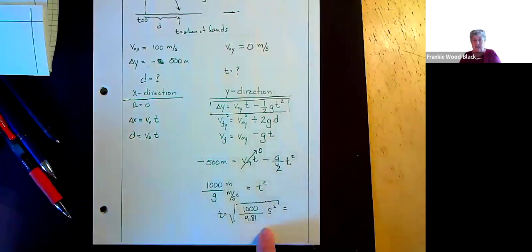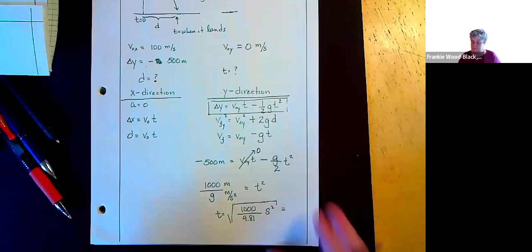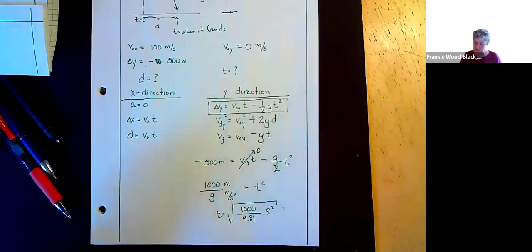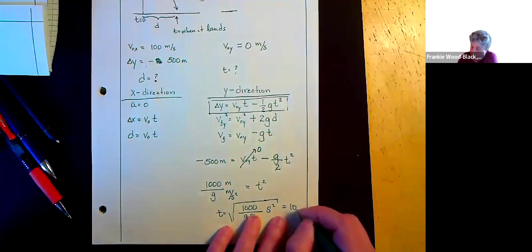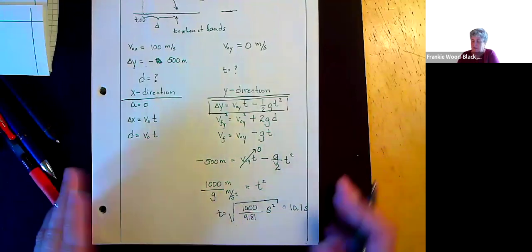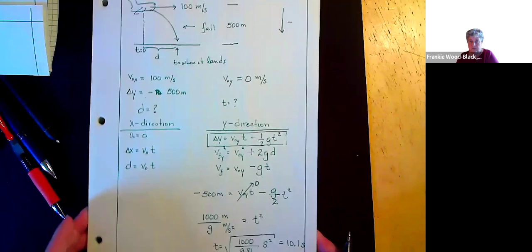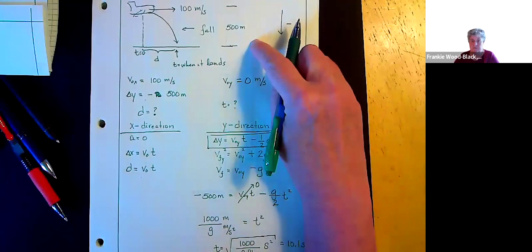So my unit analysis says I've done this right. So I get 1,000 divided by 9.81. Now I gotta take the square root. And it says it's gonna take 10.1 seconds for it to fall 500 meters.